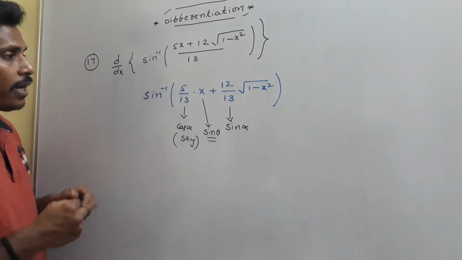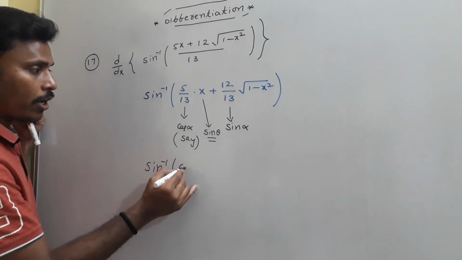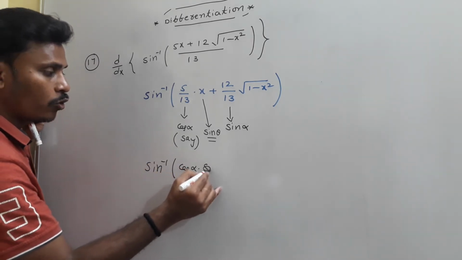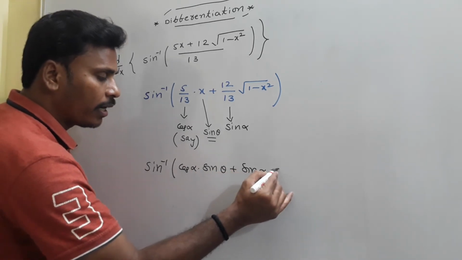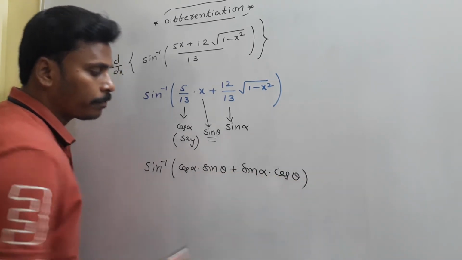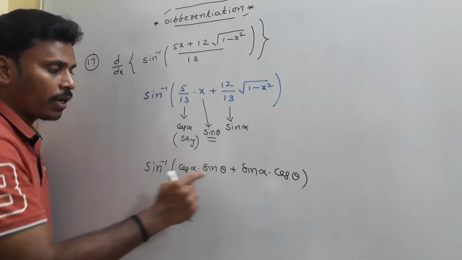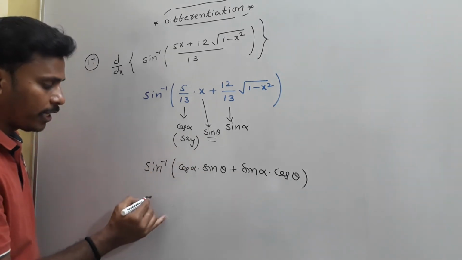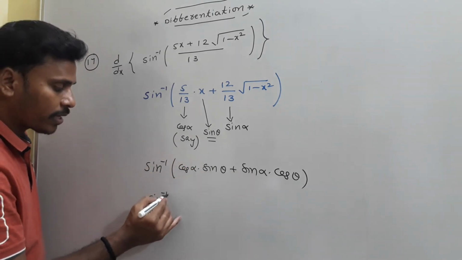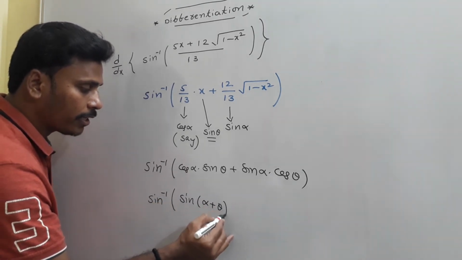With that, the next step is this: sine inverse of cos alpha into sin theta plus sin alpha into cos theta. Okay, so we are taking x as sin theta, 5 by 13 as cos alpha, and sin alpha cos theta plus cos alpha sin theta is sin of alpha plus theta. So this is sin inverse of sin of alpha plus theta.